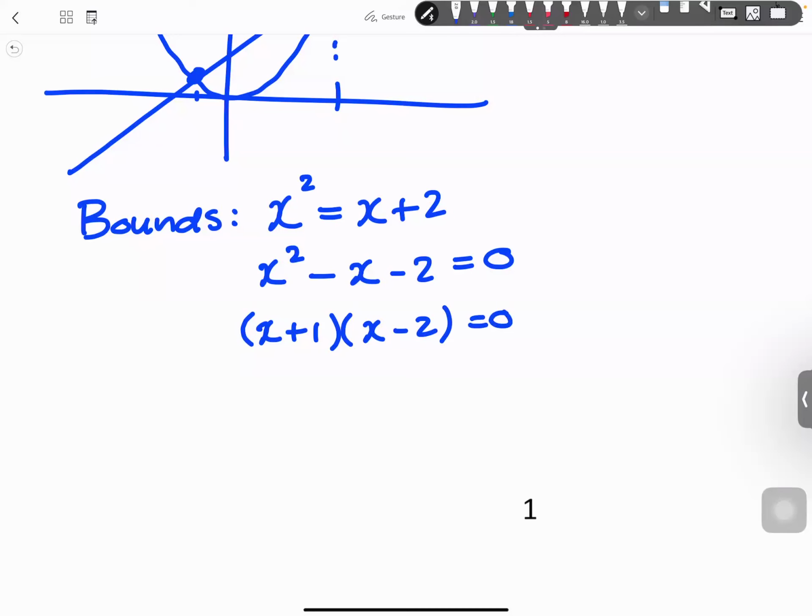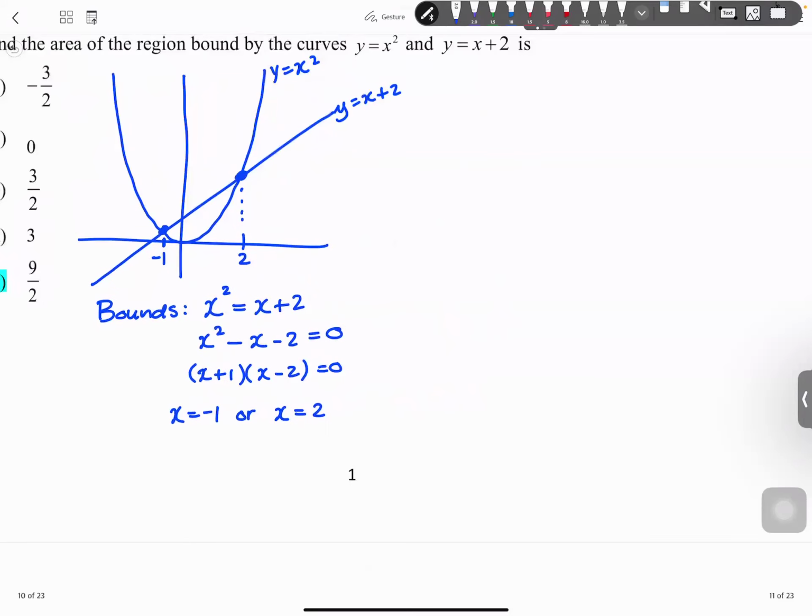And so when I set each one of these factors equal to 0, I get x is equal to -1 or x is equal to 2. So right here, this bound is -1 and this bound is 2. And this is the area that we're looking to find.